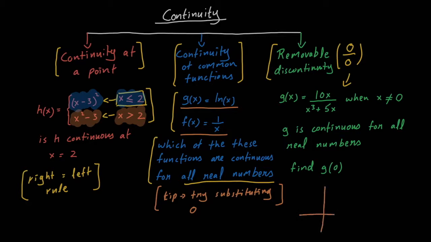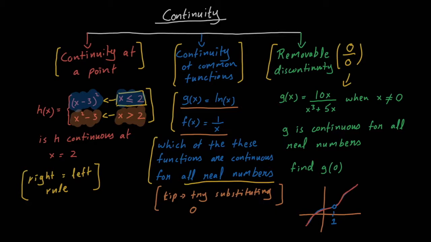Imagine this graph coming like here, and if it is not defined at maybe 1 and it continues like this, then it cannot be continuous. Why? Because while drawing the graph, we will have to pick up our pencil and then go here. So it has to be defined at all points, and if it is not, then it is not continuous for all real numbers.